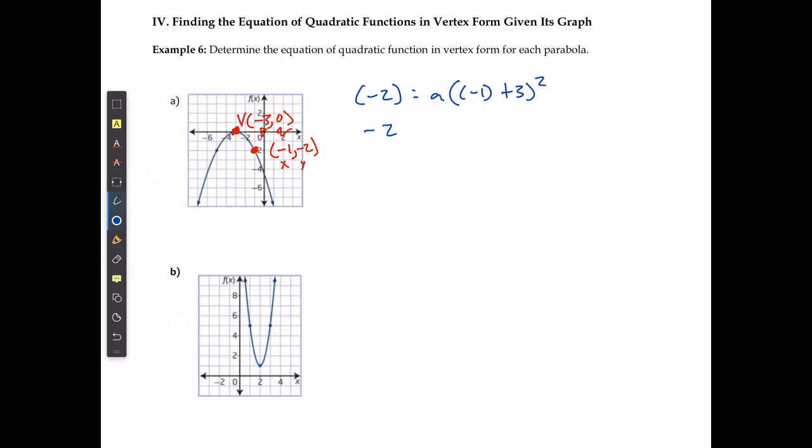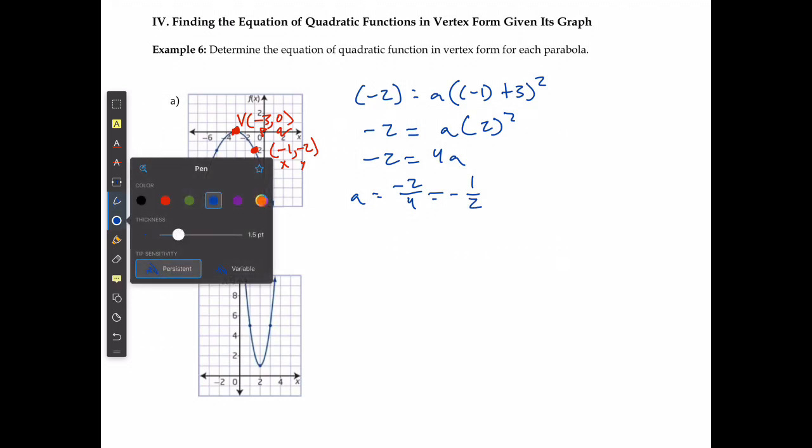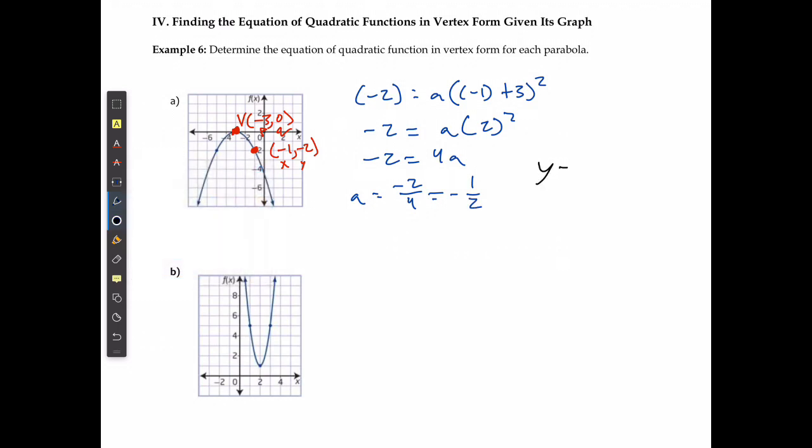So, -2 is equal to a and then -1 plus 3, 2 squared. -2 is going to equal 4a, which means that a is going to equal -2 over 4 or -1 over 2. And I can state what my equation is. y is equal to -1 over 2 (x plus 3) squared, and I'm going to leave the q off because it's just 0. It's redundant.